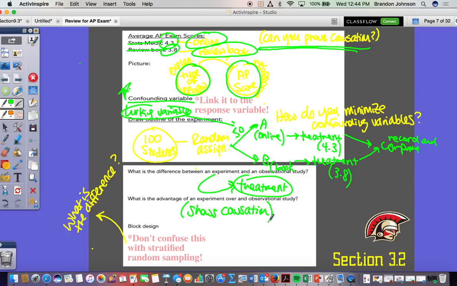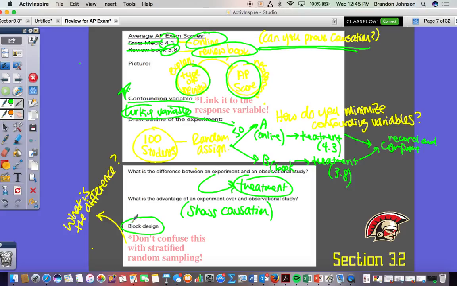Here's the biggest thing. Blocking is the same thing as stratifying, except what? It's experimental. An experiment. Exactly. Stratified is more observational, but block is more experimental. Same idea. So if I were to take a block from here, I think I could randomly assign, but before I randomly assign, I'm going to divide these up into male and female.